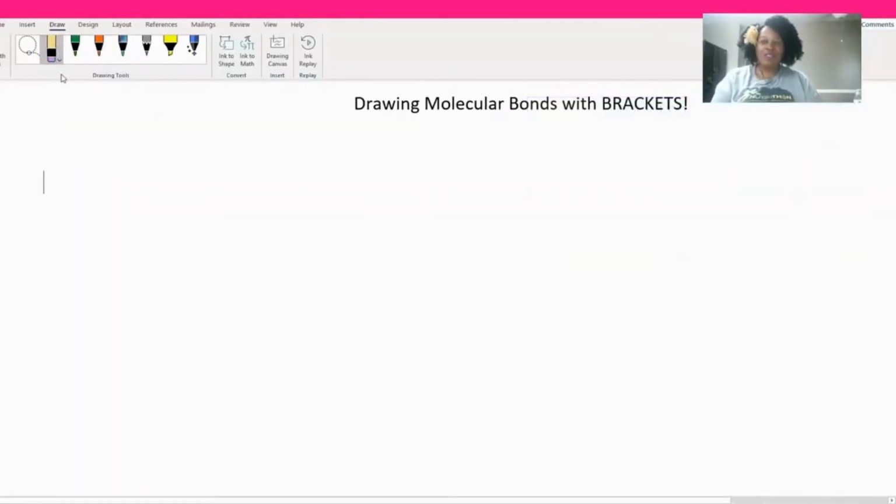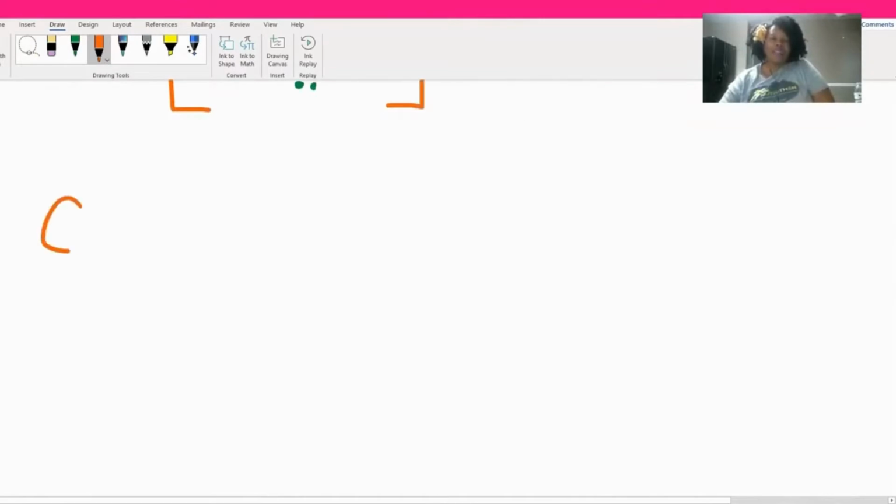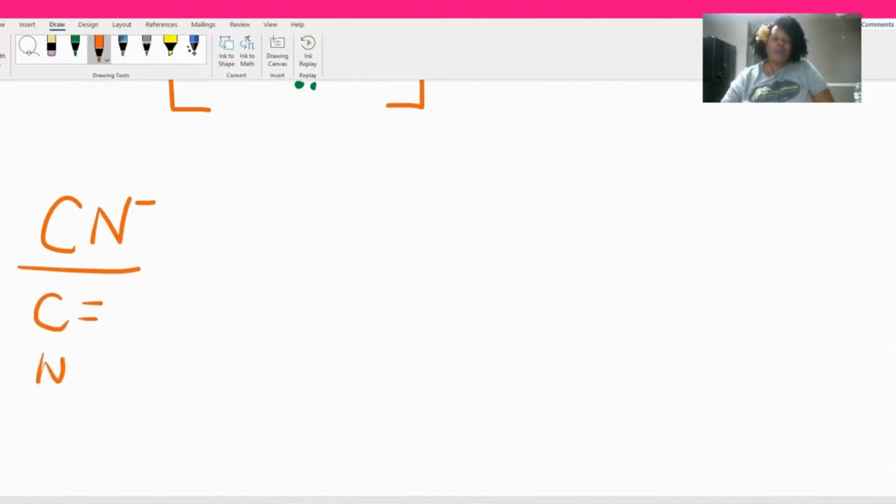All right, chemistry students. So let's look at cyanide. We've got carbon and nitrogen, one carbon, one nitrogen, based on the subscripts that you do not see, that tells you one. You have one of each. Carbon is in group 14, so it's going to contribute 4 valence electrons.